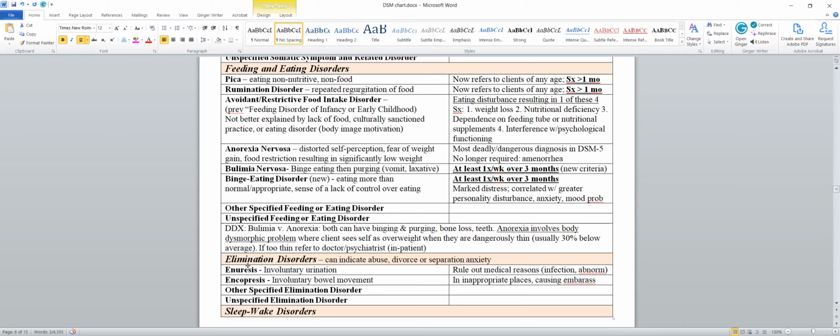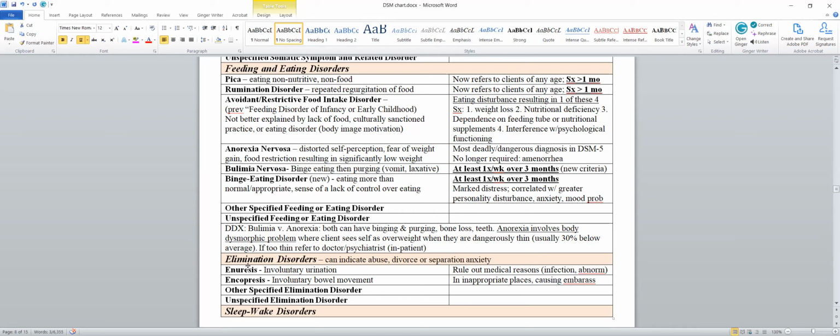The differential diagnosis is between bulimia and anorexia. So the first subcategory under feeding and eating disorders is pica, which is eating non-nutritive food or non-food.